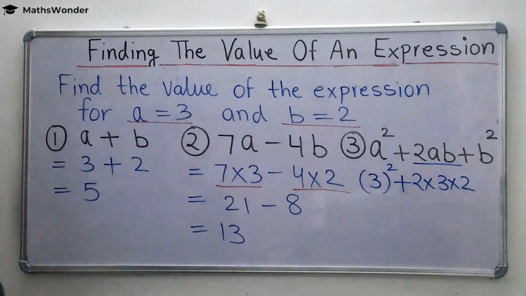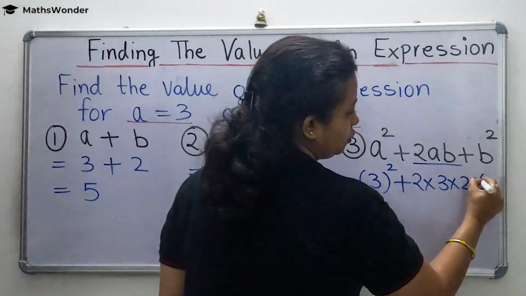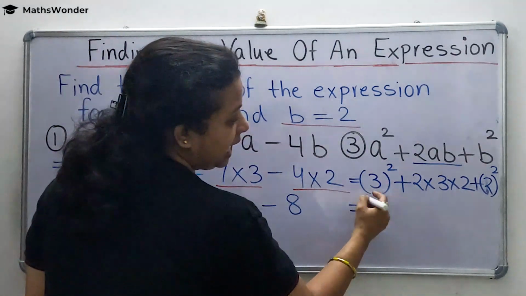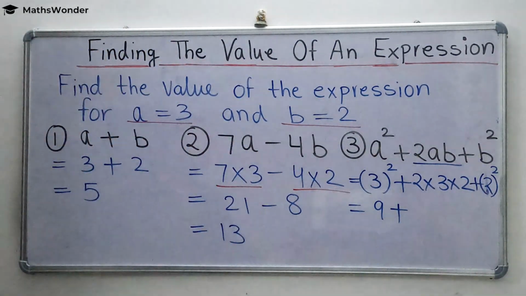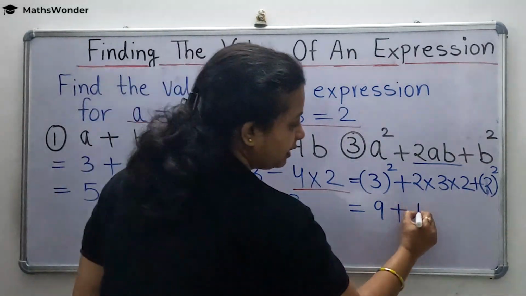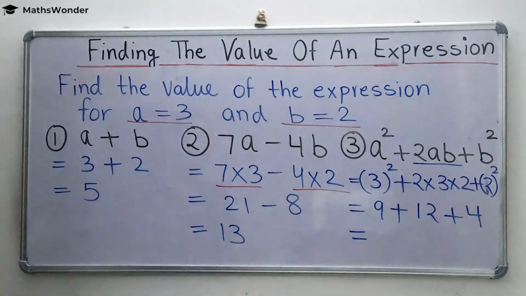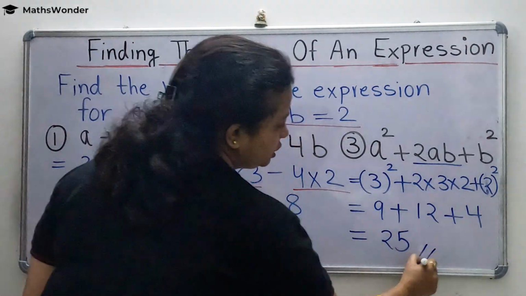B square means 2 square. So 3 square is 9, plus 2 times 3 times 2 will be 12, and 2 square will be 4. Now add all the values. 9 plus 12 plus 4, which is 25. So your final answer is 25.